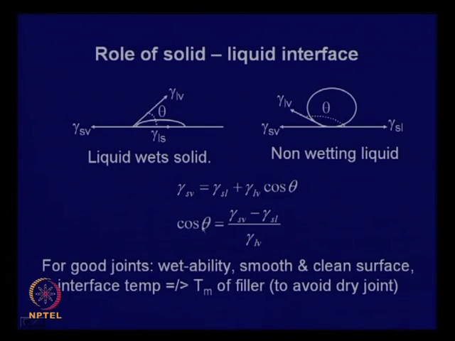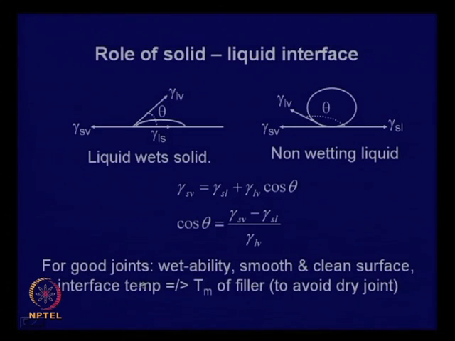Now, if this is high, that means theta is nearly equal to 0, then it has good wettability, and for good joining what we need is a thin layer of molten metal between the two mating surfaces. Therefore, it must be wettable, whereas this is an extreme case, a non-wetting liquid.